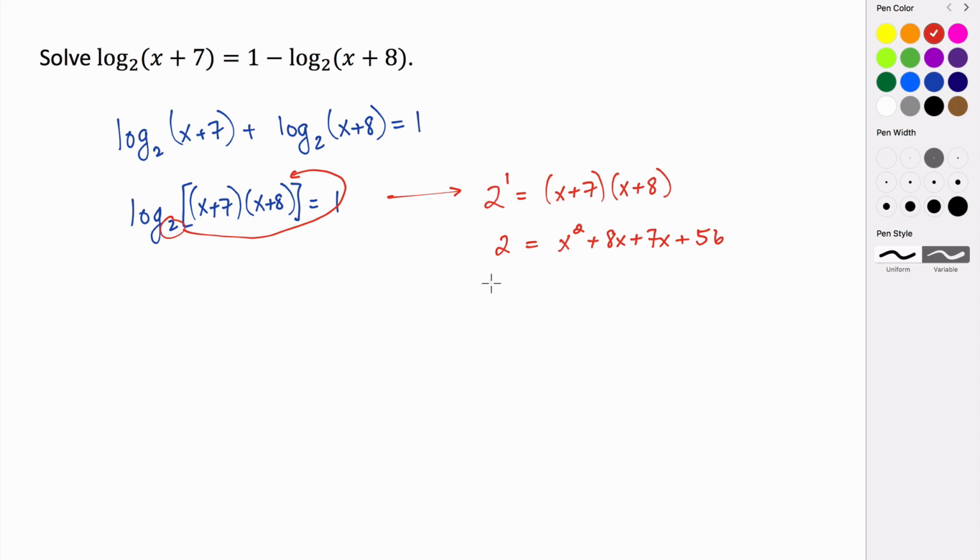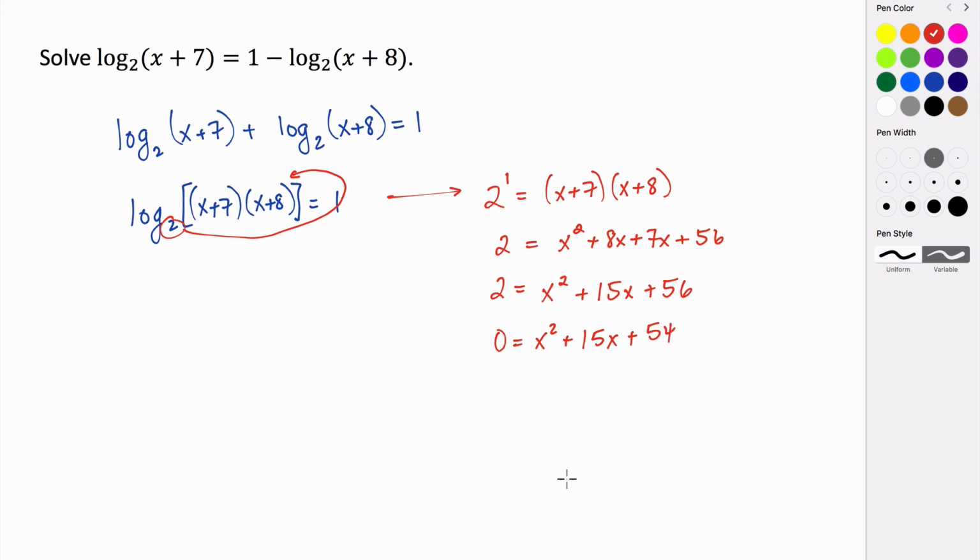So we end up with 2 equals x squared plus 15x plus 56. Then subtract 2 from both sides, and we have this quadratic equation. Whoops, sorry: x squared plus 15x plus 54.